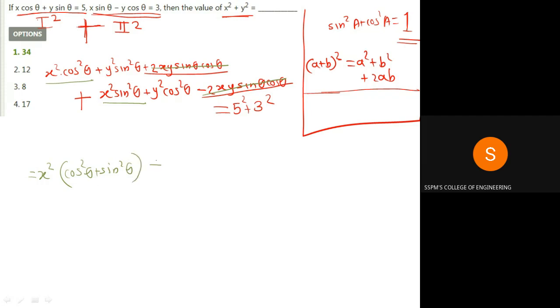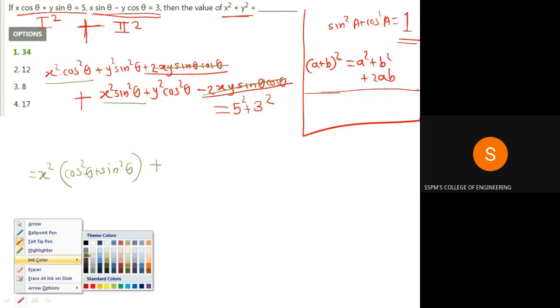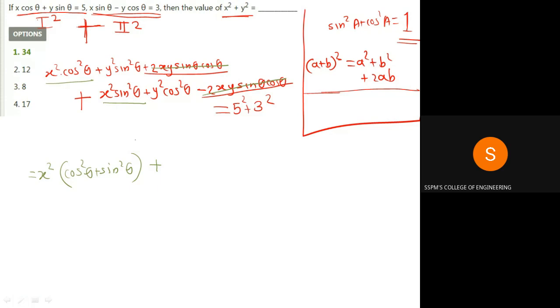Now we will take y square in common for this: y square into bracket cos square theta plus sin square theta is equal to what?